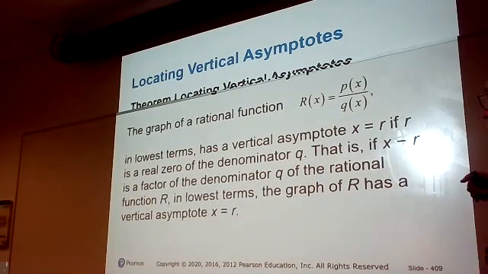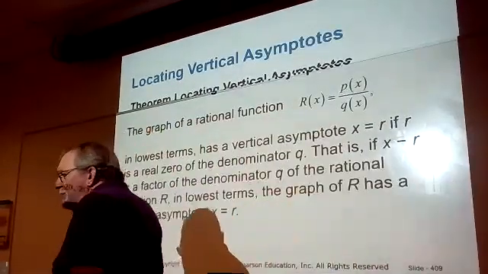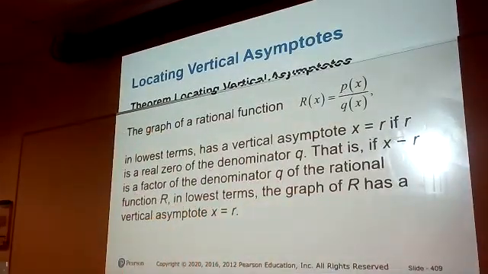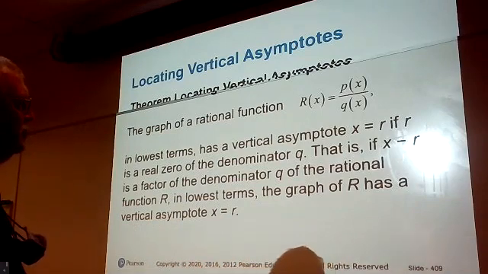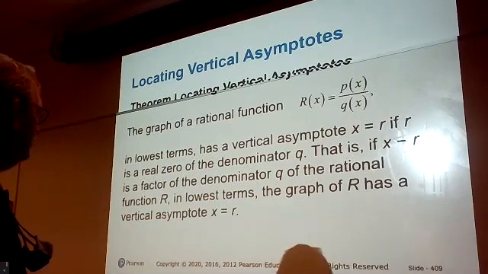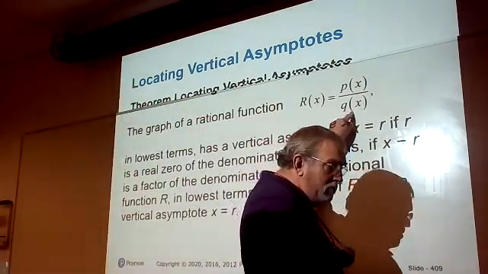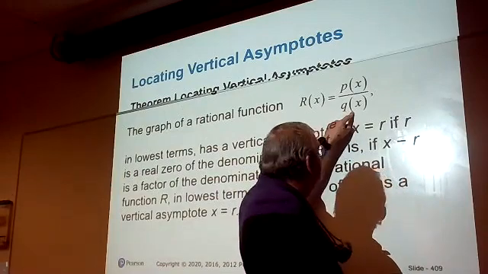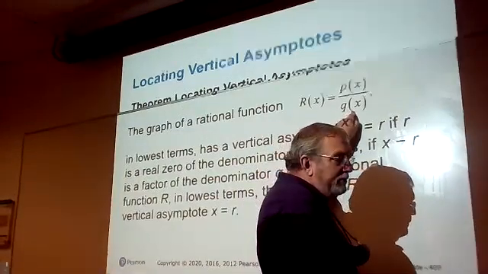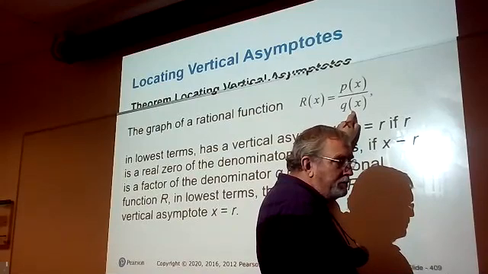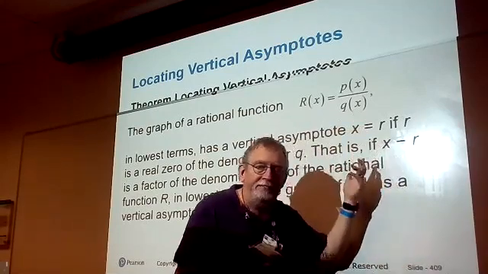Now, locating vertical asymptotes is not too difficult to process. It can get complicated depending upon what the denominator is. Because the denominator cannot be 0, I want to set the denominator equal to 0 to find out where x can't be.